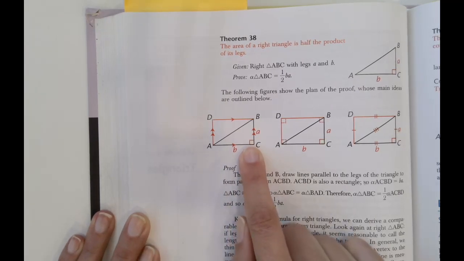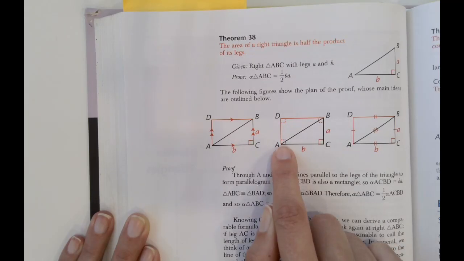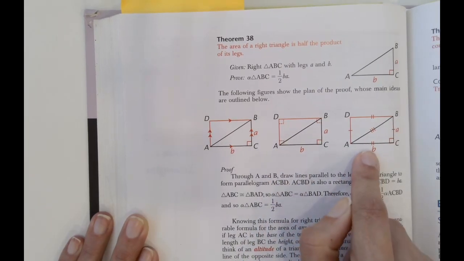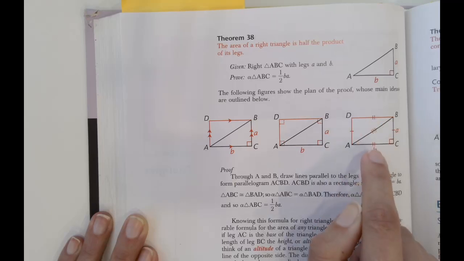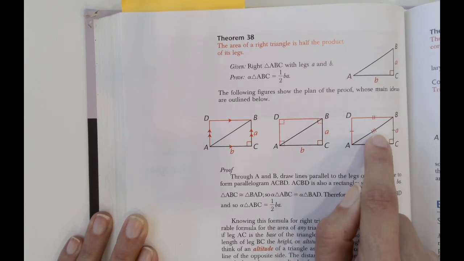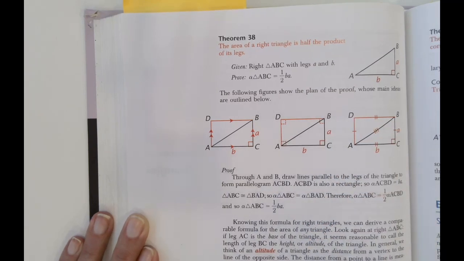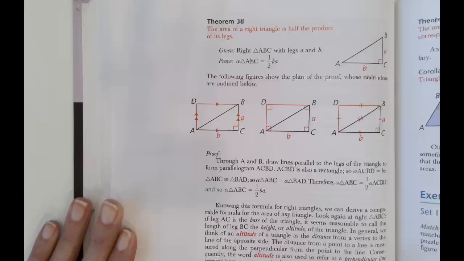Now when they did this, they marked the right angles in each of these corners that were created, and they marked that these line segments are equal, and the hypotenuse is shared, so of course it is equal between both of these triangles created. And so looking at this, we have these proofs.